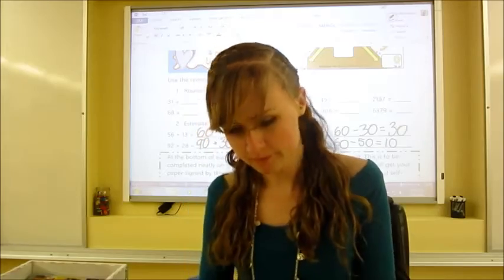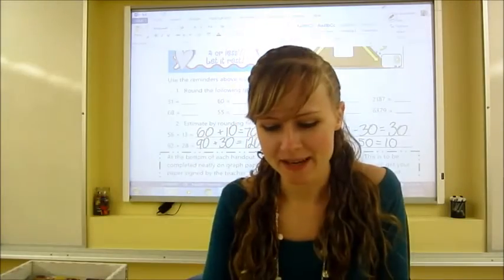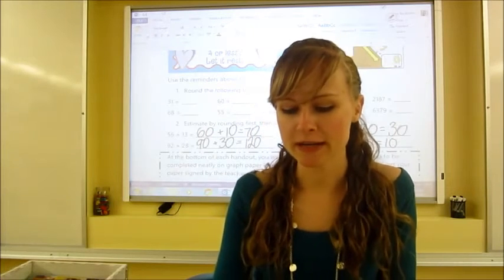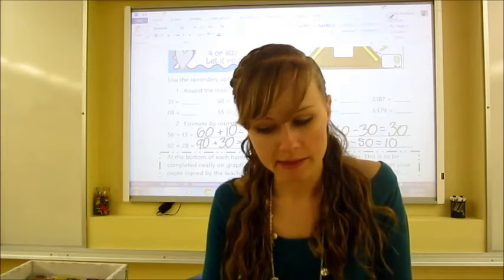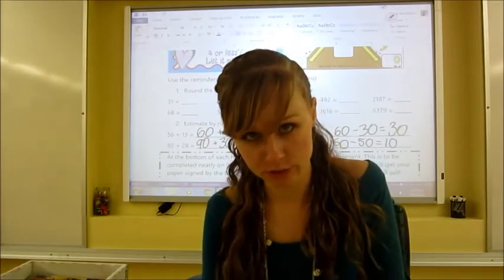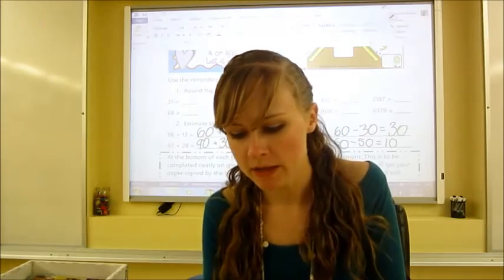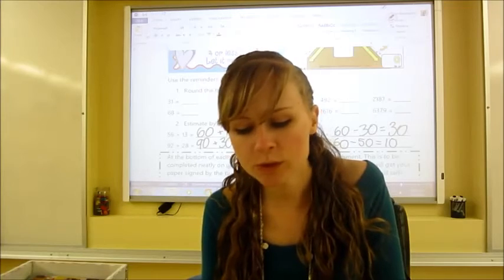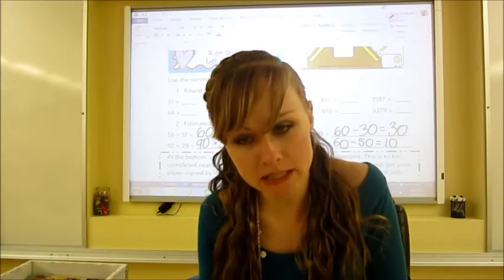Now at the bottom of each handout, you will find a textbook assignment. This is to be completed neatly on graph paper in your duotang, which should already be in there. Once complete, you will get your paper signed by the teacher.